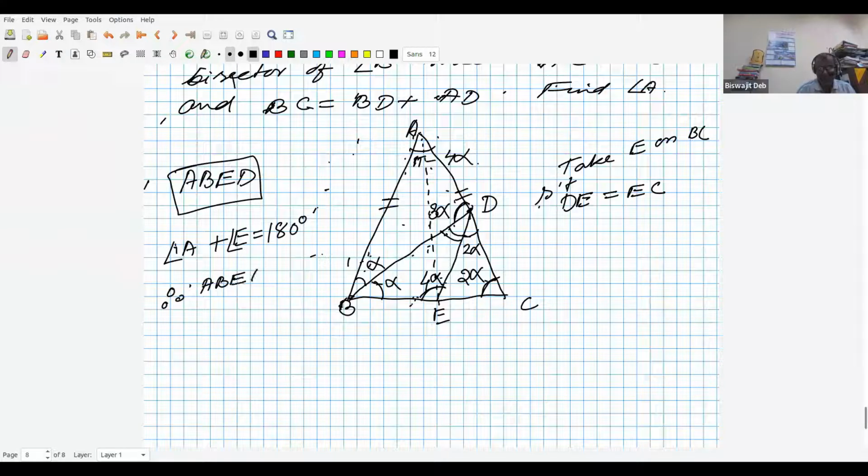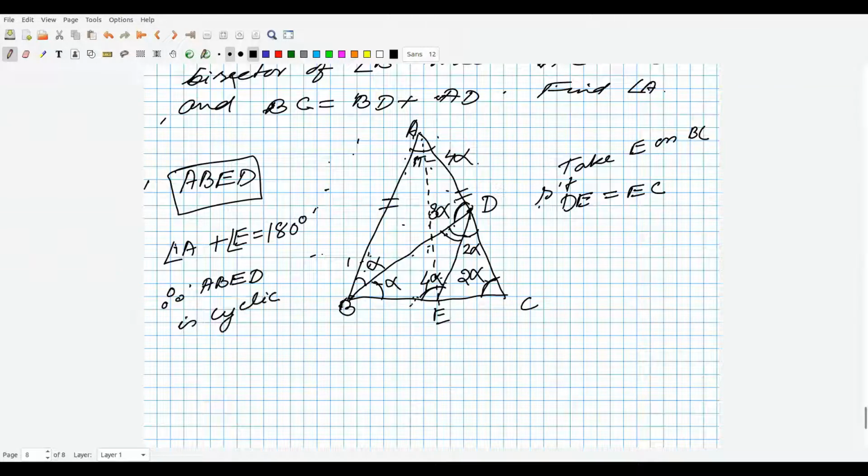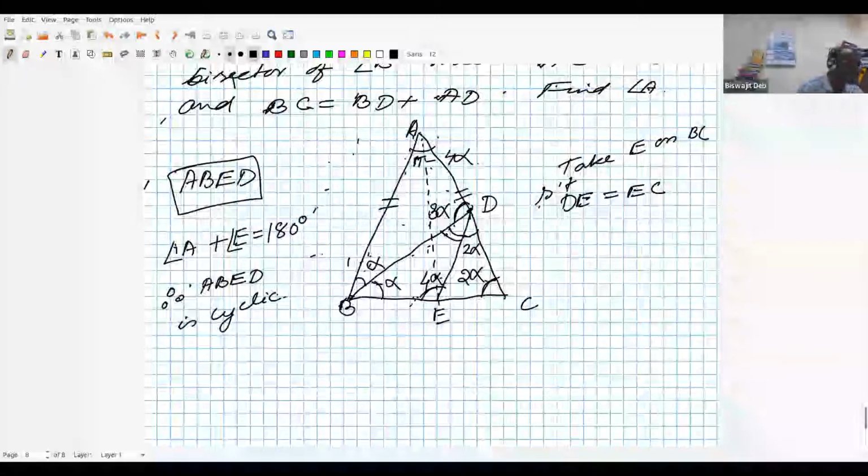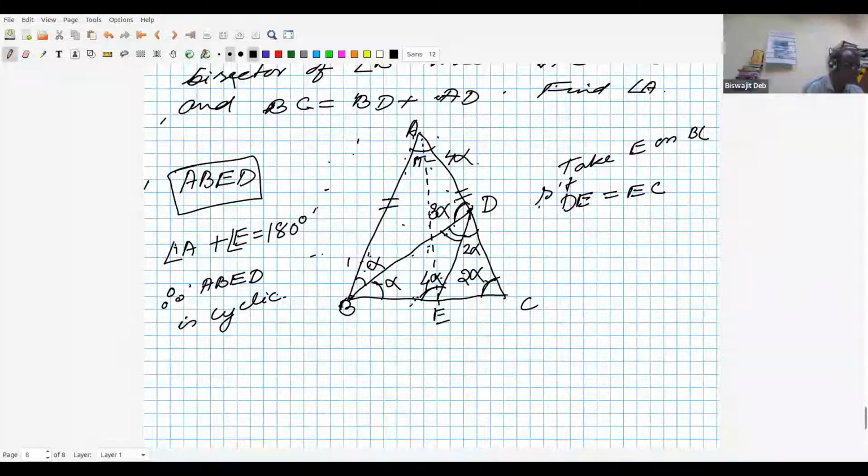ABED is a cyclic quadrilateral. As you know, a quadrilateral is cyclic if and only if the sum of its opposite angles is 180 degrees. Okay, so we have a circle around this ADE.